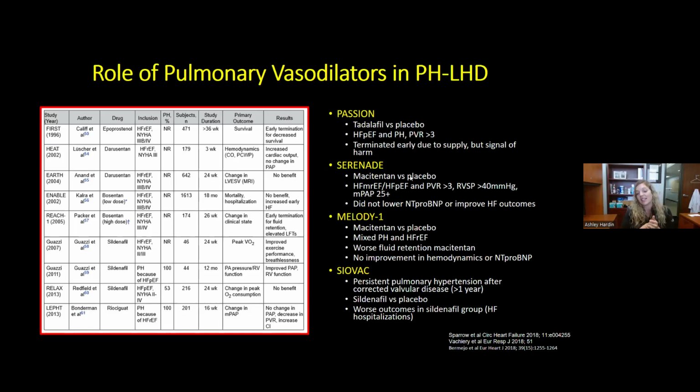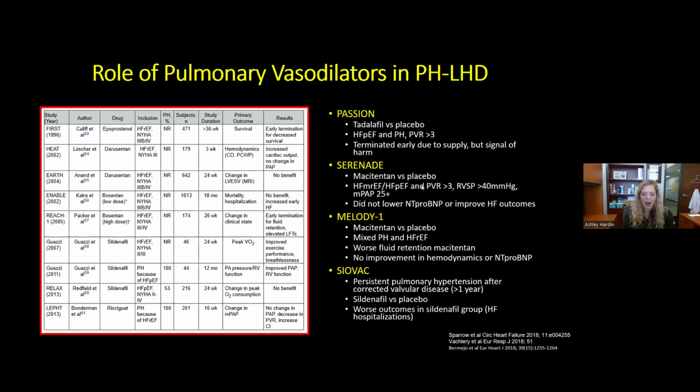And this drug did not lower NT-proBNP or improve heart failure outcomes at all. The MELODY-1 trial looked at macitentan versus placebo in patients with mixed PH and HF. So we just saw SERENADE in HFpEF patients with PH, and now we're looking at macitentan in HFrEF with mixed PH: worse fluid retention, no improvement in hemodynamics or NT-proBNP.